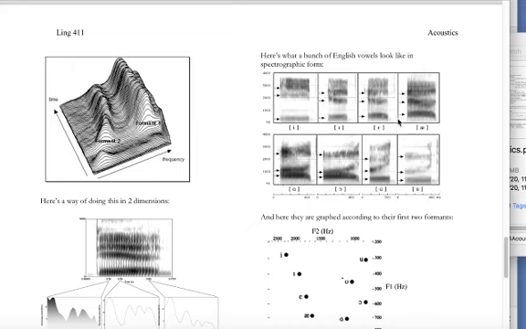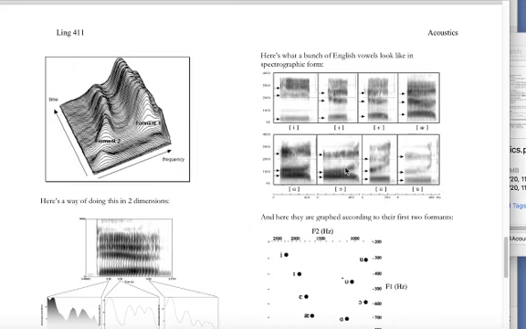And so some of the things to notice here, these are all front vowels, and these are all back vowels. And one thing that distinguishes the entire top row here from the entire bottom row here is the second formant, or F2 frequency, which is way higher for these front vowels, around 2000 hertz in most of them, and way lower for these back vowels, around 1000 hertz for most of them.